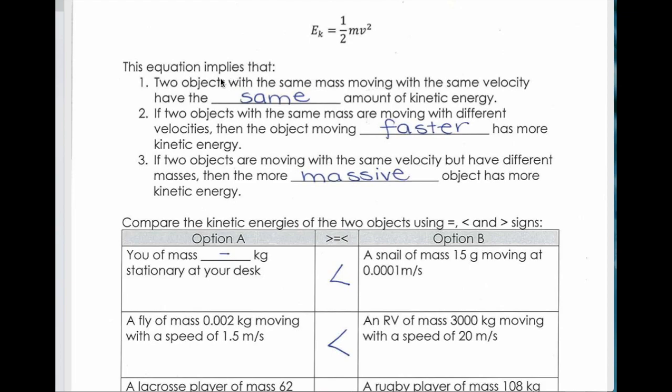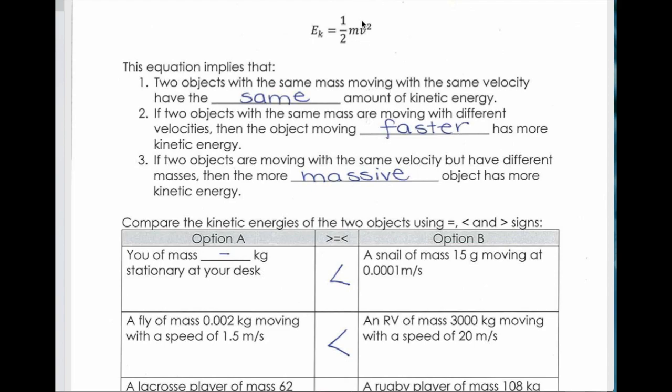This equation implies that two objects with the same mass moving with the same velocity are going to have the same amount of kinetic energy. So if they're two different shapes but have the same mass and the same speed, they have the same kinetic energy. If two objects with the same mass are moving with different velocities, the faster one has more kinetic energy.